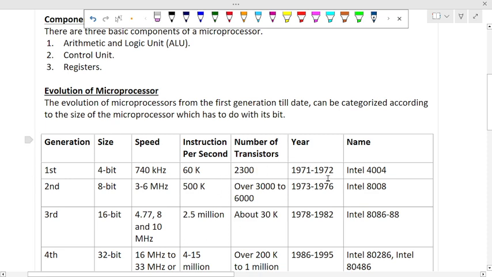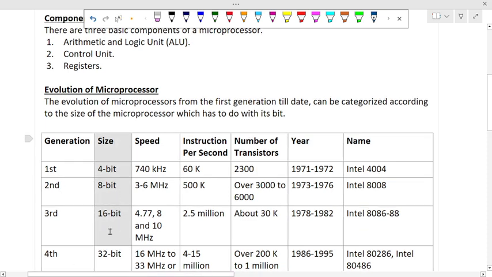So you can see here we have the generation, that's first generation, second and third, and so on. Size, speed, instruction, number of transistors, year, and name. Now, why do we have this column? Of course, generation, we just know that the first generation of microprocessor, the second generation of microprocessor, and so on. That's clear. When we say size, what do we mean?